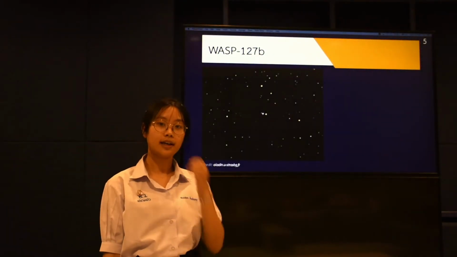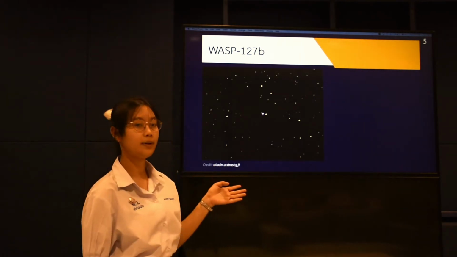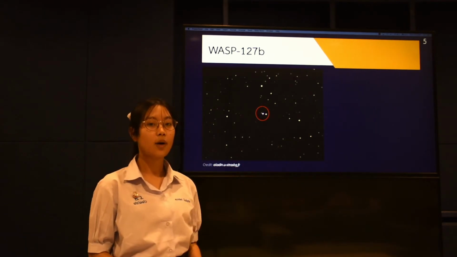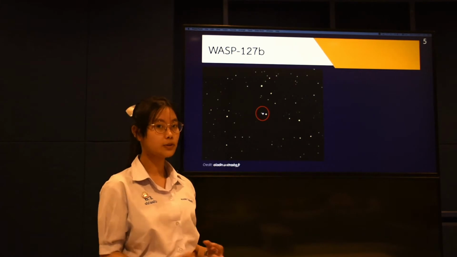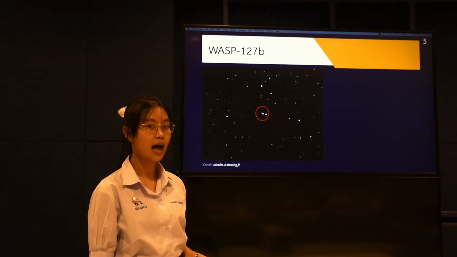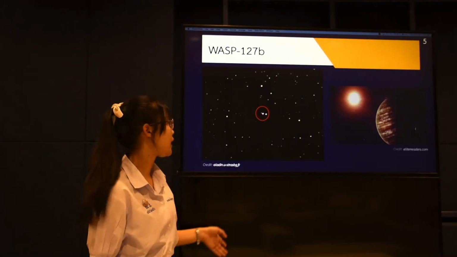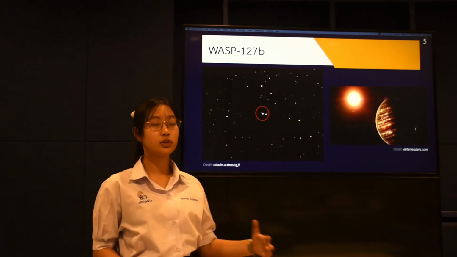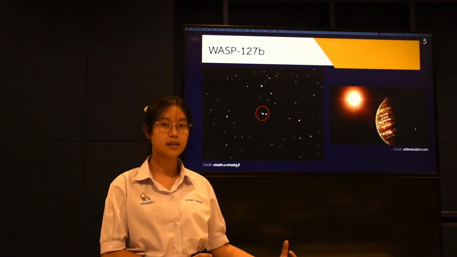Of course, we must have a target. The target in this project is Wolf 127b, this one. This planet is orbiting around the star named Wolf 127. Wolf 127 is a bright G5 star that is about to leave the main sequence. This planet has a very large radius, about the Jupiter radius, but the mass is about the Neptune mass.